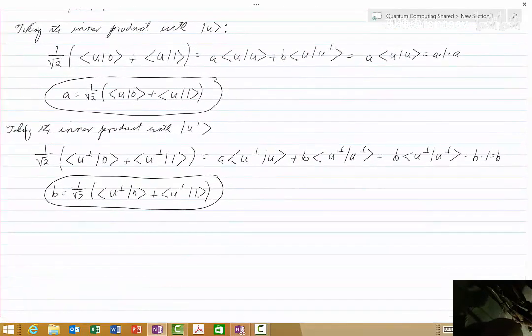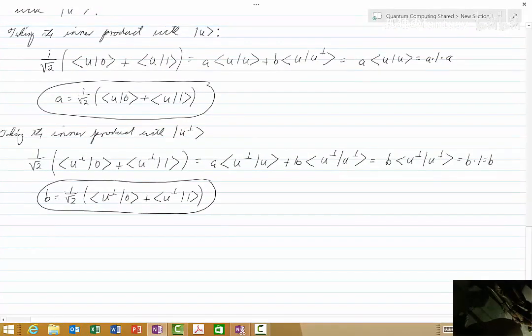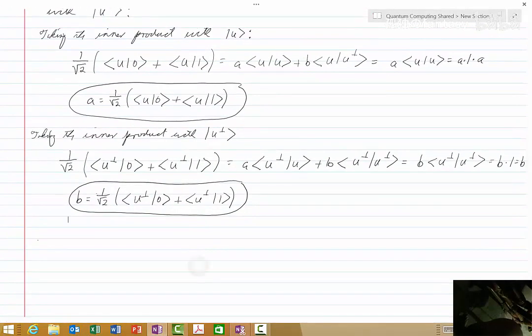Now keep in mind, this is all for the first state. So let's summarize what we have found up to this point.